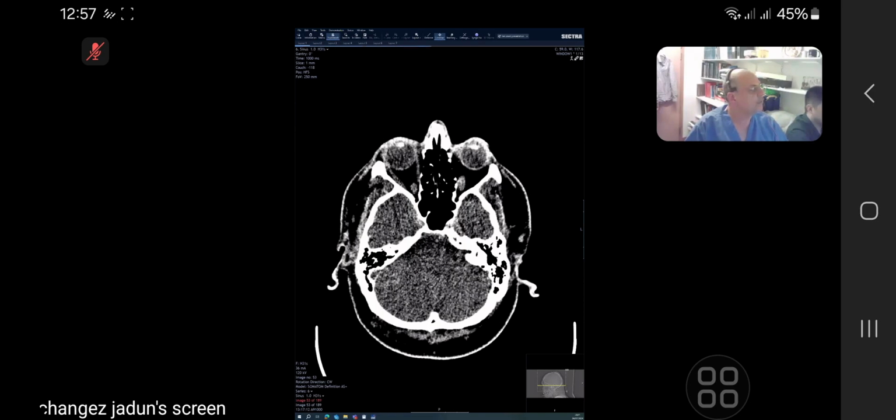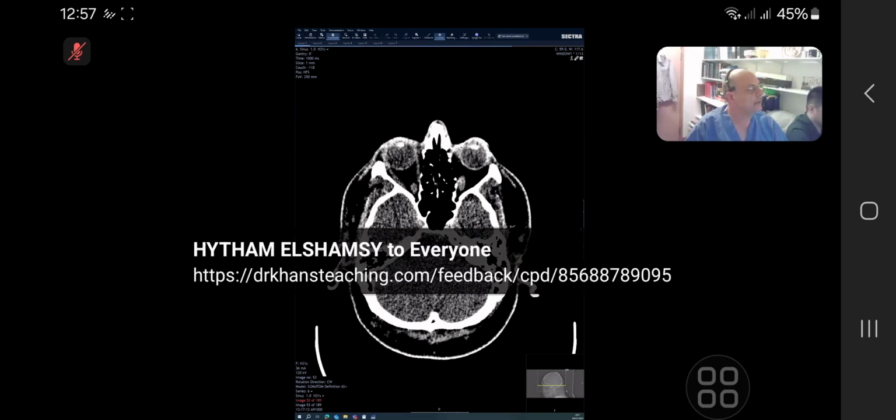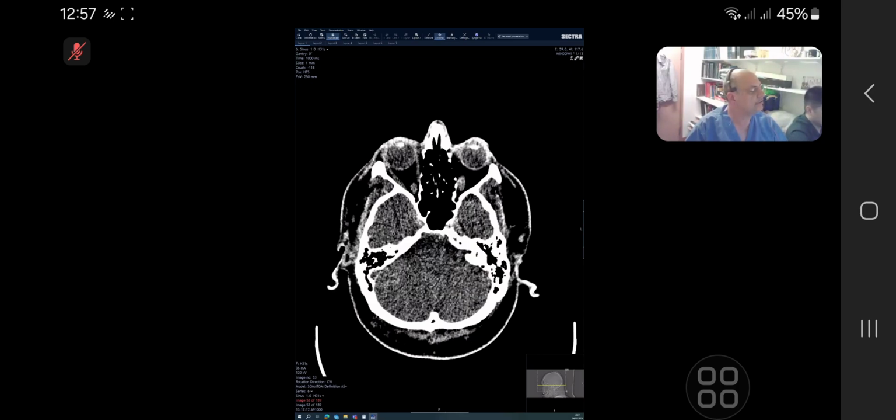Department with a history of, let me just read the history. Slight loss of vision in the left eye, which is progressive, query optic neuropathy.